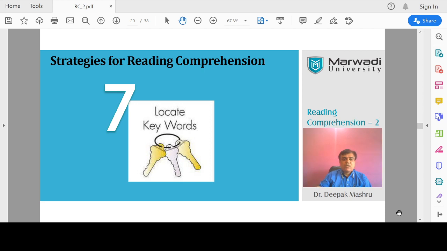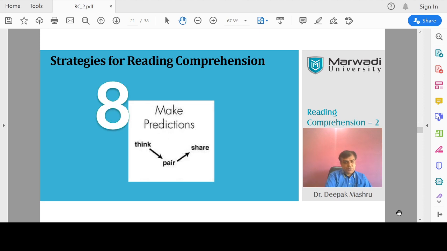So it will be easy for us to filter out the type of the paragraph, the journey, the structure, the mind map of the paragraph, by locating the keywords. For example, thesis statement. If you locate it in the first paragraph and the last paragraph, it is easy to find out the purpose of writing this paragraph, what the author intends to say, what the author is interested to talk about. So by locating keywords, it can help you in that way.